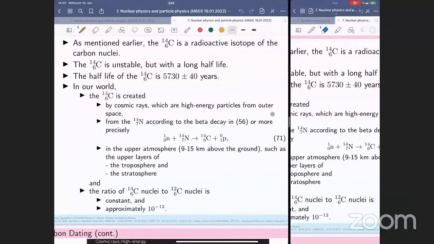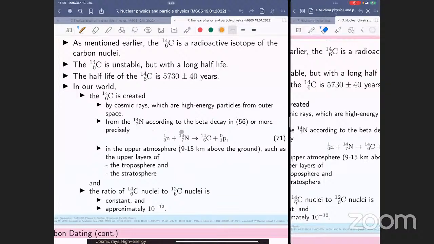They are generated by the sun, by other planets, by other stars. Our Earth has the atmosphere that protects us, and at the atmosphere level there are some processes that happen. That's the generation process for carbon-14.